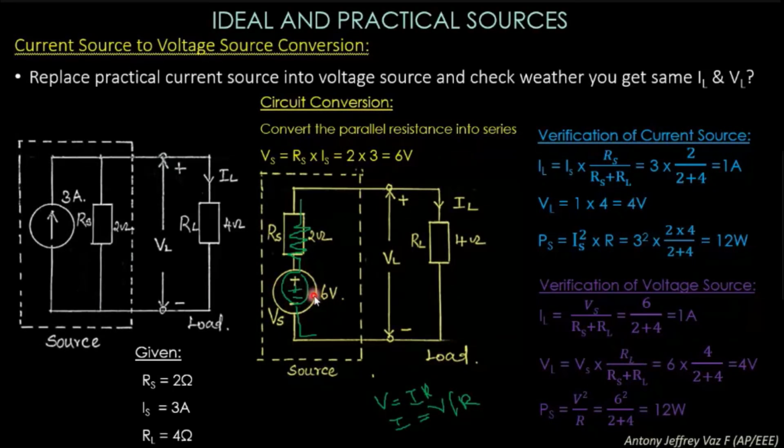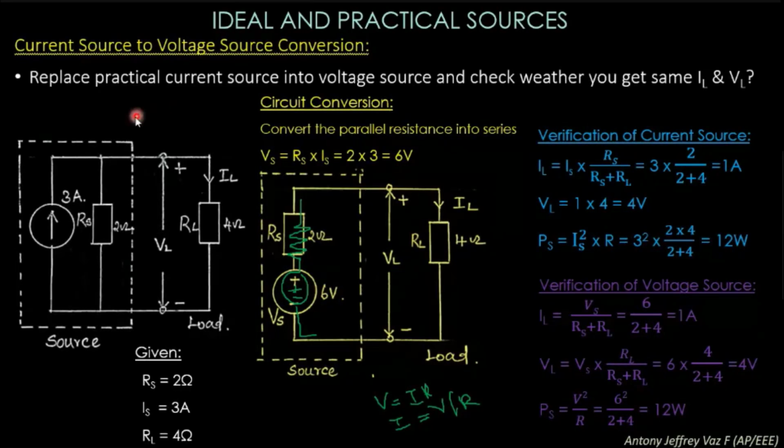So the source power PS will be equal to V square divided by R. We know V represents the source voltage Vs. V square is 6 into 6 divided by R. R represents the total effective resistance present in the circuit, which in a series circuit means we need to add 2 plus 4. So V is 6 square divided by 2 plus 4, and we will be getting a value of 12 watts, whereas the power is also the same.